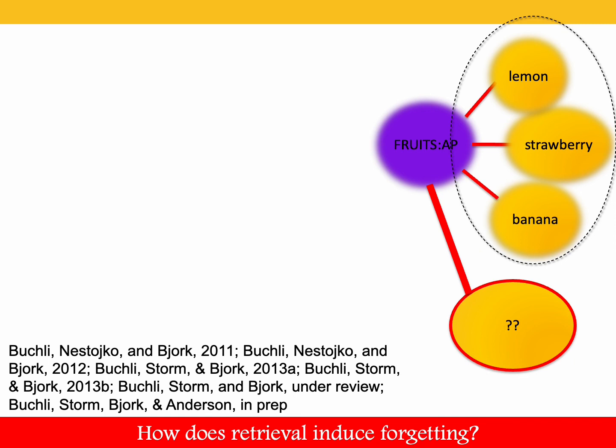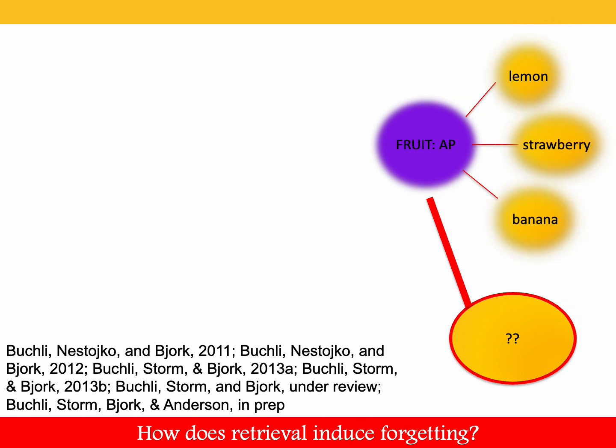what happens in the retrieval practice paradigm is that these competing items get suppressed. These competing items get forgotten, right? And it's not a passive process, okay? This is an active control process.